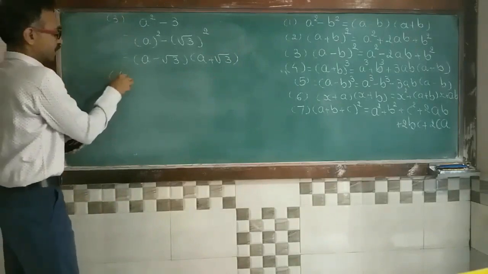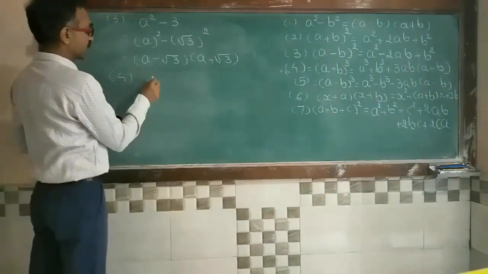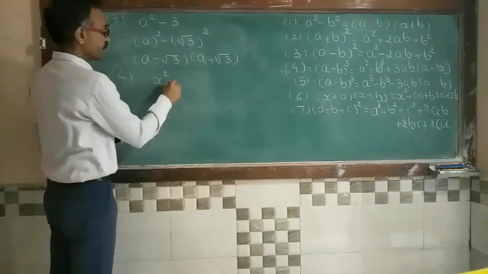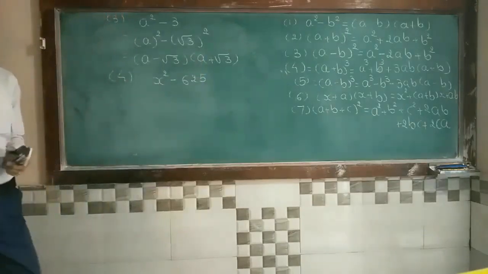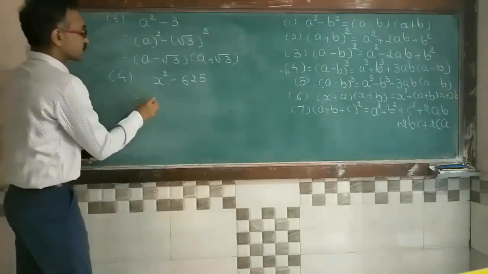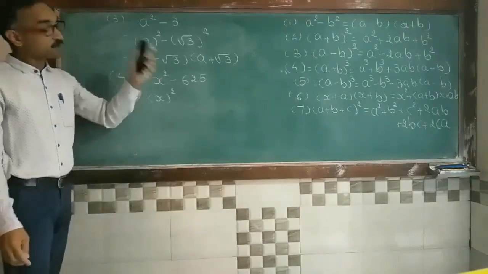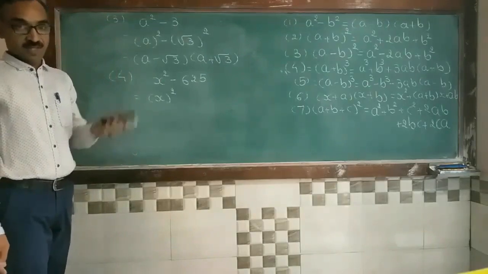Okay, again, fourth example for the first formula. Suppose you are given x square minus 625. So x square is a perfect square number. Also 625 is also a perfect square number.